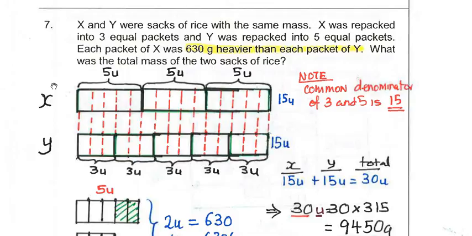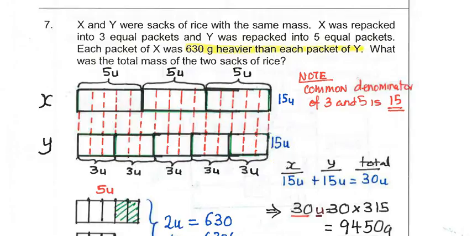Now, X and Y were sacks of rice with the same mass. Watch out, same mass, it means X and Y over here, the size, can you see from here to here, all the way, it's the same size as Y from here to here. This shows that they have the same weight, same mass.